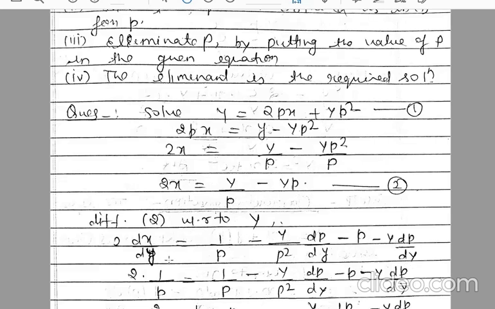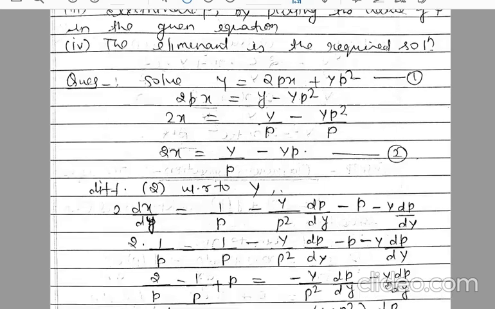So dy upon dx we know is p, so dx upon dy will be the reciprocal. So it will be 2 into 1 upon p is equal to 1 by p minus y upon p square dp upon dy minus this one, right? Now just solve and find the value of p here. So p is equal to minus y dp upon dy.